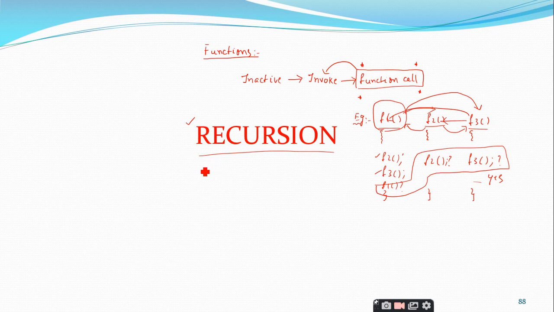This recursion concept is familiar from C programming itself. In C programming we have a methodology where a function calls itself, called recursion. Similarly, we have another terminology called recursive function.